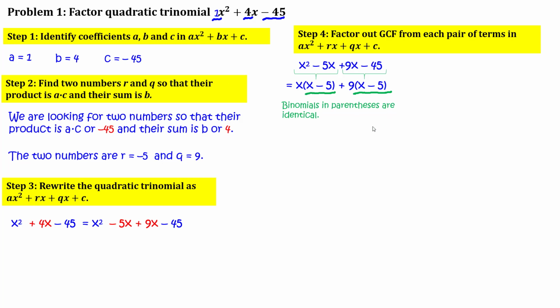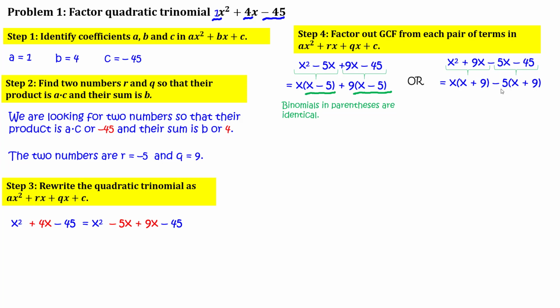Let's say you didn't do that. Let's say you actually wrote x squared plus 9x minus 5x minus 45. So on this step, you reversed what the R and the Q values are. Okay, so I'm going to do this for these examples just to show you what would happen. You'd still consider two terms at a time. X squared plus 9x have a common factor of x. Minus 5x and negative 45, I'm going to factor out negative 5 because they're both negative.